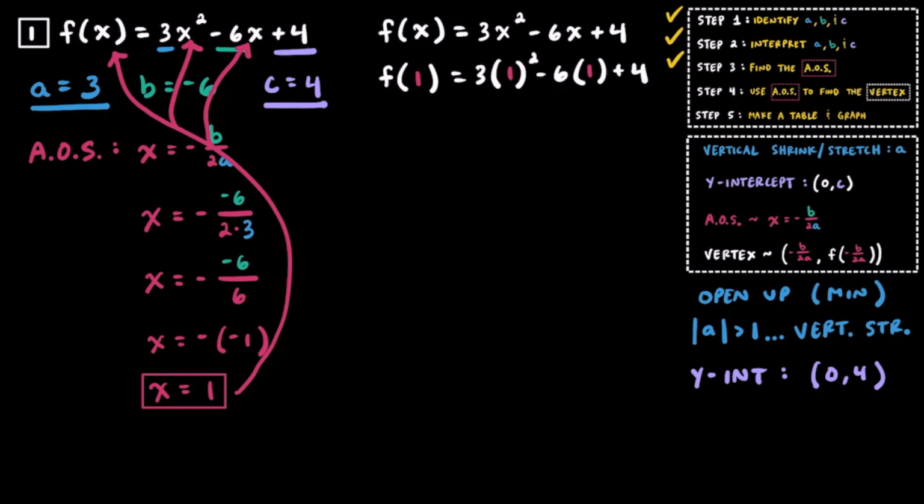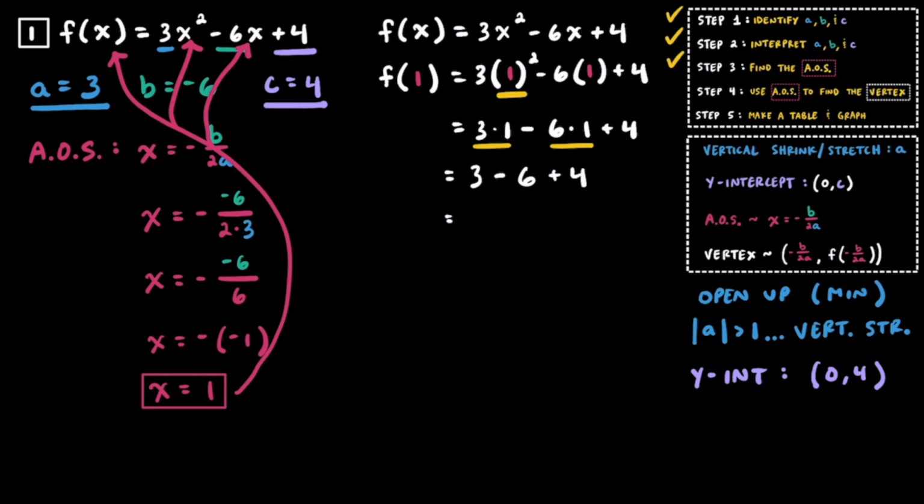Now just following the order of operations, this 1 squared is going to be 1, so we can write 3 times this 1 minus the 6 times 1 plus 4. Now, just doing the order of operations a little bit more, we'll do both multiplications at the same time, so 3 times 1 is going to be 3, minus the 6 times 1, that's going to equal 6, and we have this plus 4 on at the end.